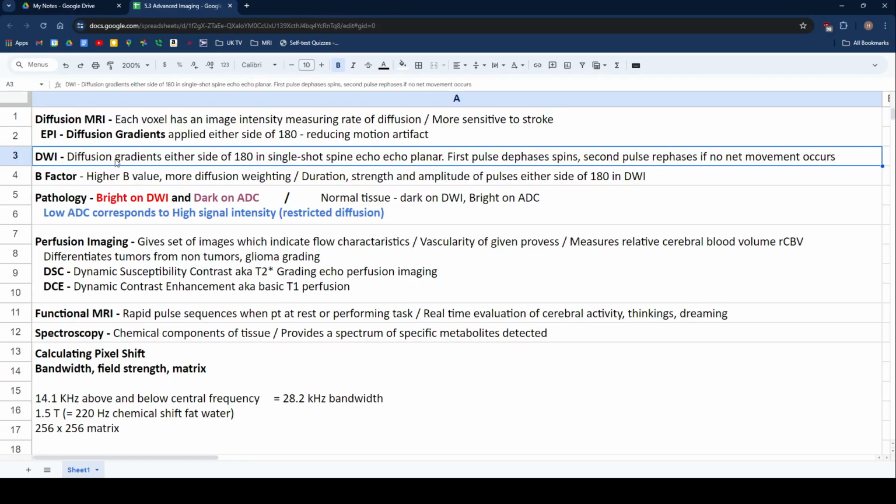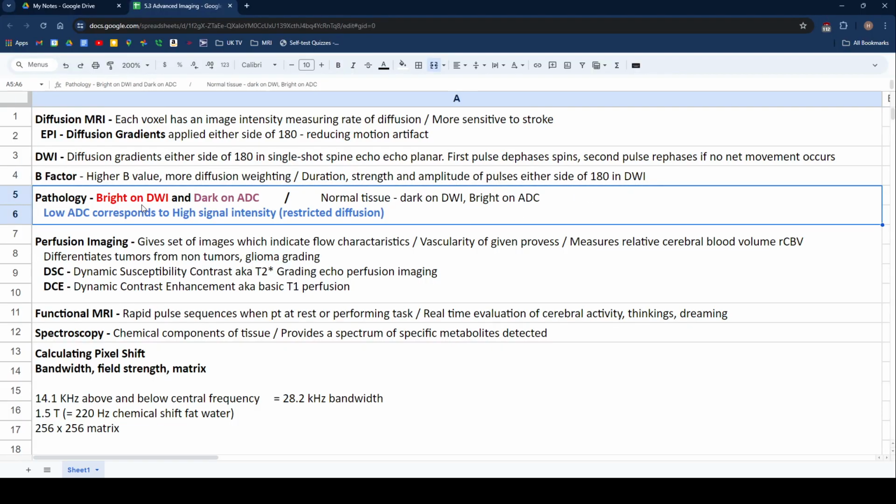Diffusion weighted imaging, diffusion gradients either side of the 180 in a single shot spin echo planar. The first pulse dephases the spins and the second pulse rephases them if no net movement occurs. B factor, a higher B value gives more diffusion weighting. Duration, strength and amplitude of the pulses either side of the 180 in DWI.